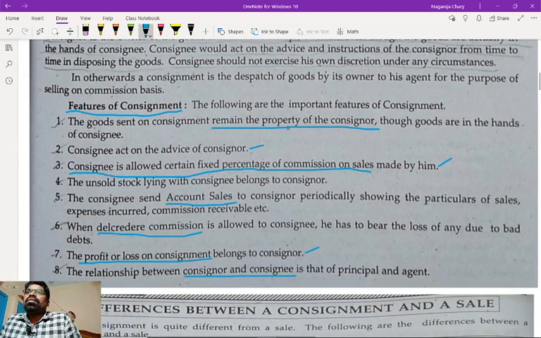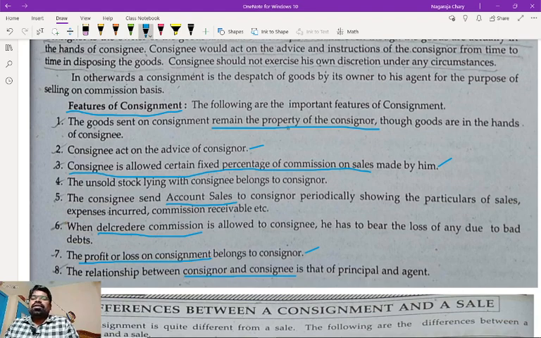Okay, now we see the differences. I think you got some idea about features. Goods must belong to consignor. Whatever the instructions are, they are to be given only by consignor. Commission should be given to consignee. That may be fixed, or sometimes may be changed. In commission also we have various types that we will discuss later. Whatever the unsold stock is, that unsold stock belongs to consignor.